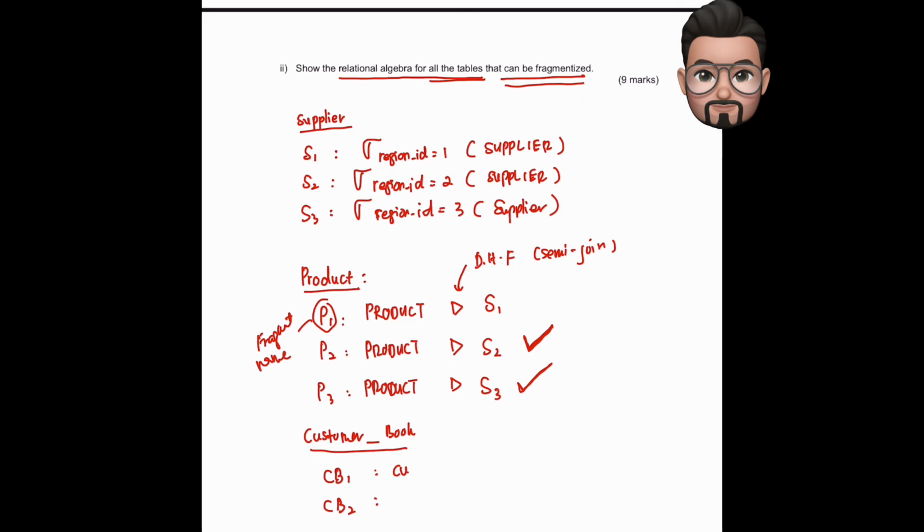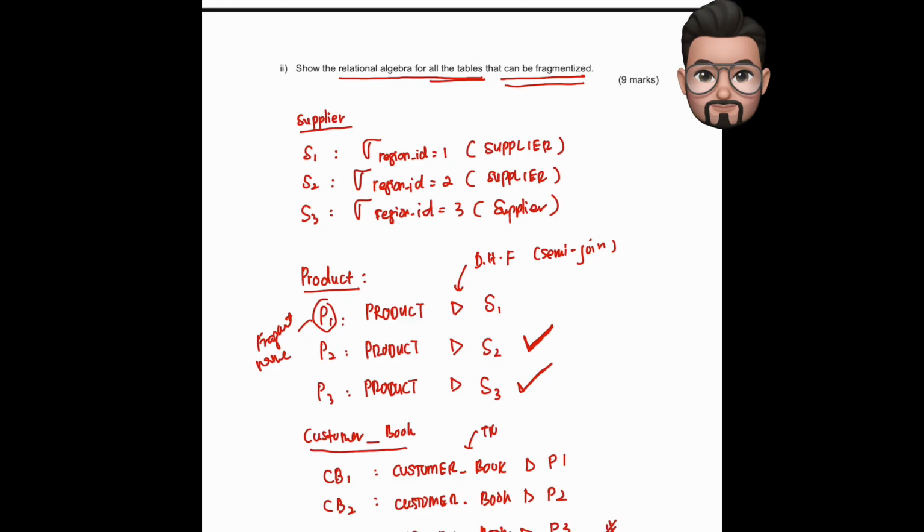So now what do we take? We take all customer booking for product 1, all customer booking of product 2, and all customer booking, this is the table name, of product 3.